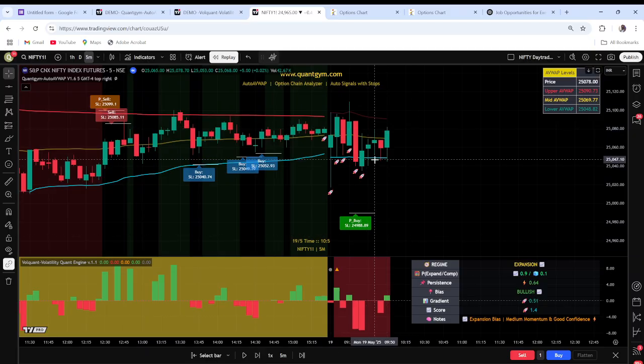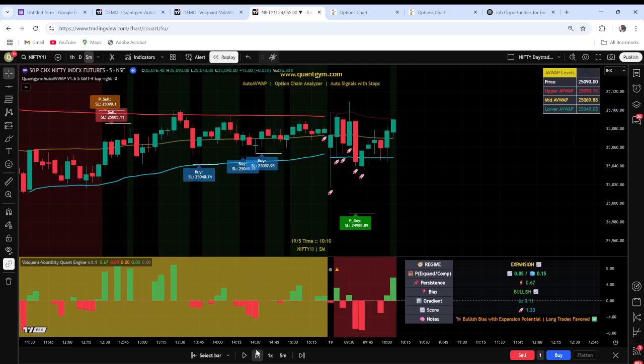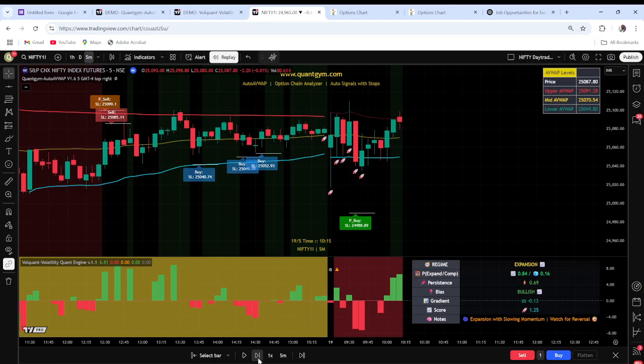This support held again. We have closed above the middle AVWAP, so I go long at somewhere around 25,077. Next bar I am up to 25,090. Everything is turning bullish. This is also telling you bullish bias with expansion potential, long trades favored and stuff.